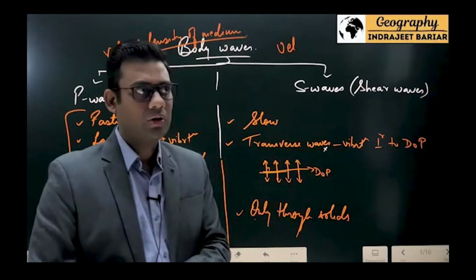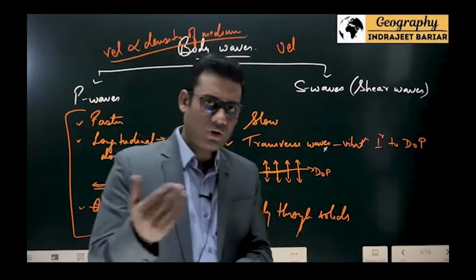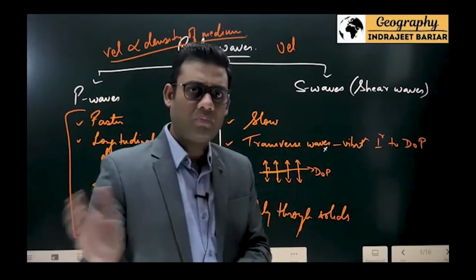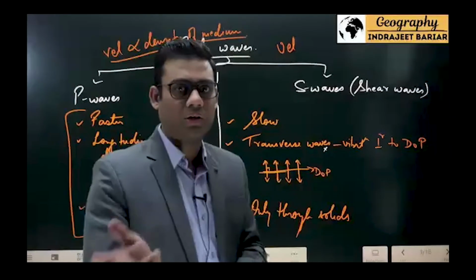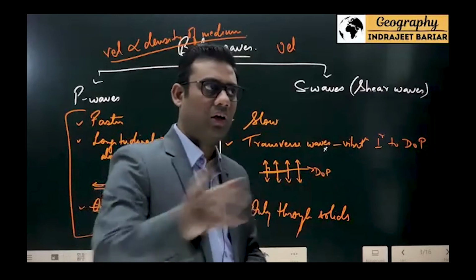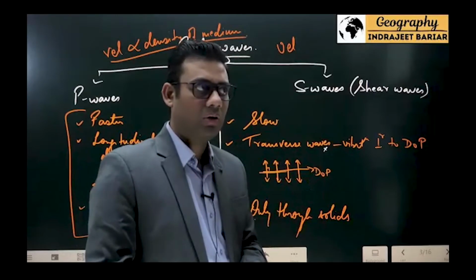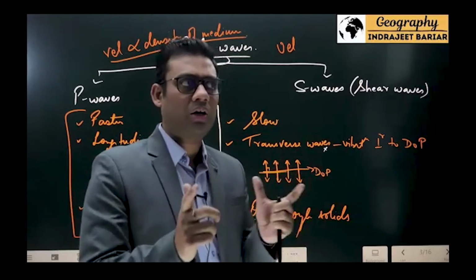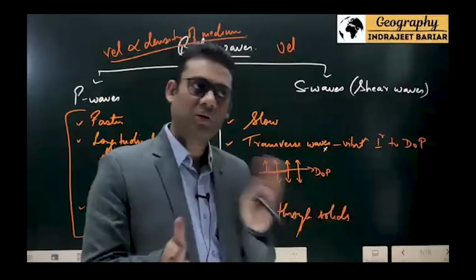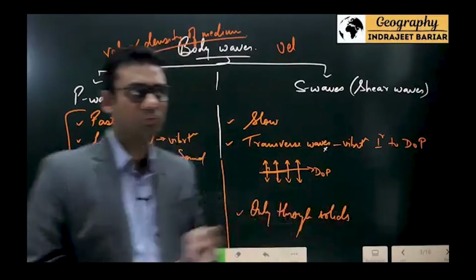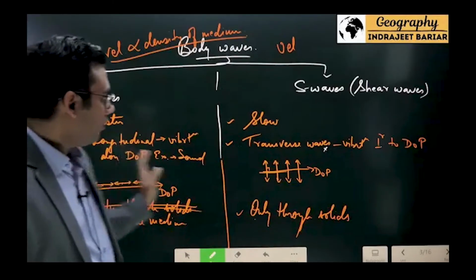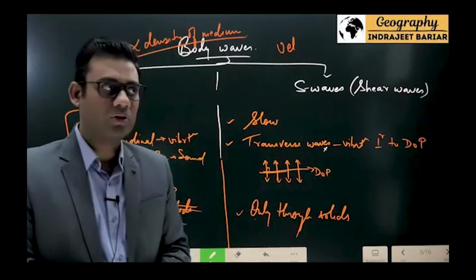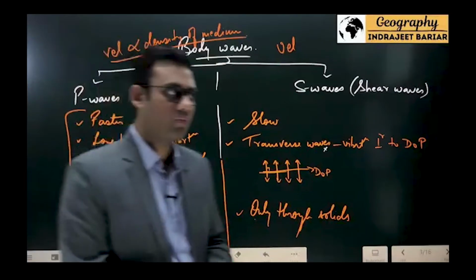So if you just take P waves or if you just take S waves and make them pass through different mediums, an S wave would be traveling faster in a denser medium than a rarer medium. But if you keep the medium similar and compare P waves and S waves, P waves would be faster in that. So these are the differences in properties of P waves and S waves.